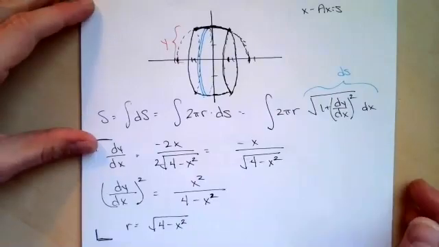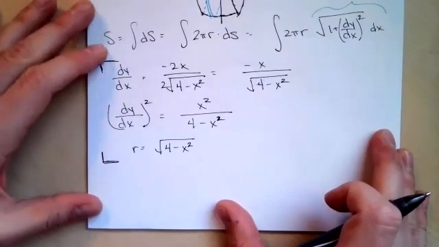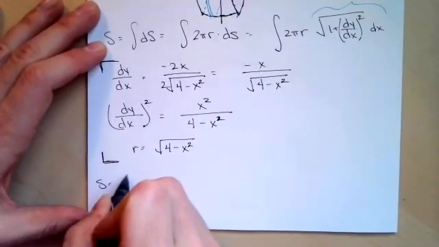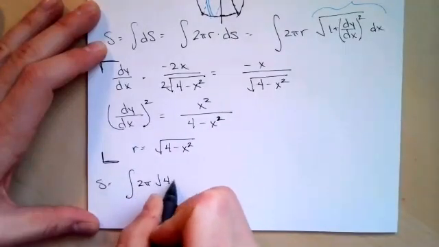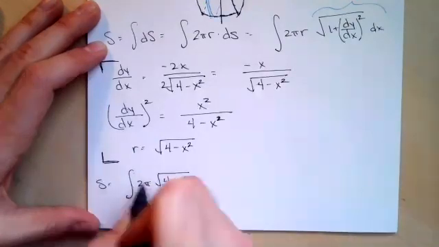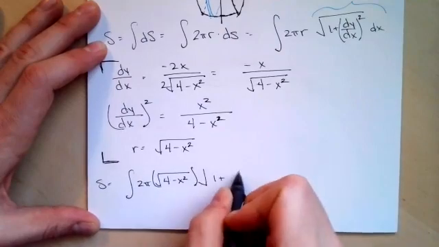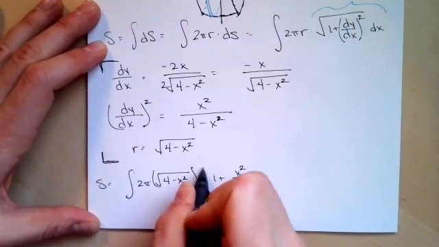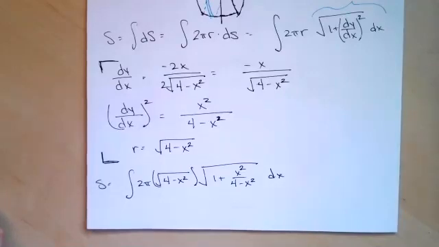And plugging all those pieces in. Let's see if we can do it here at the bottom so we can keep all of our work together. Our surface area is now the integral of 2 pi times the square root of 4 minus x squared times the square root of 1 plus x squared over 4 minus x squared dx.